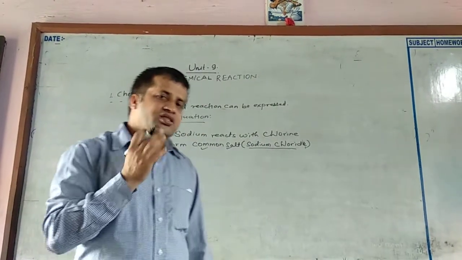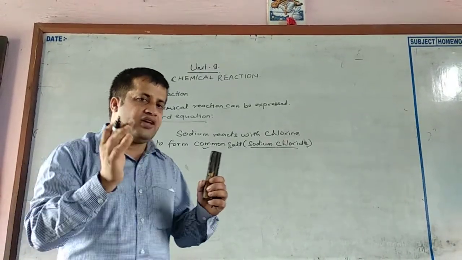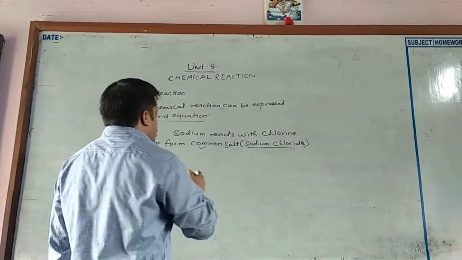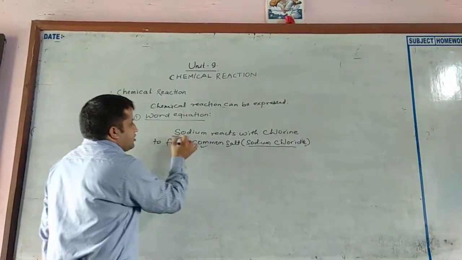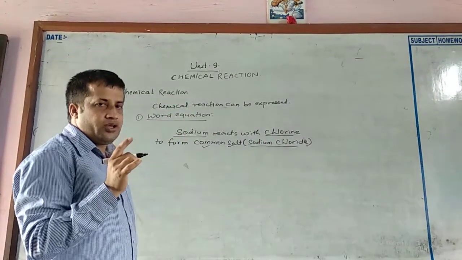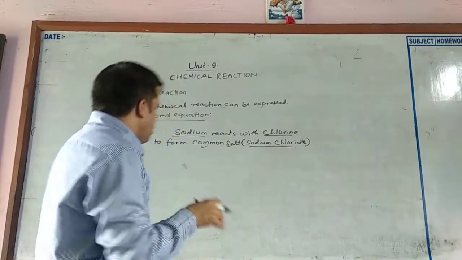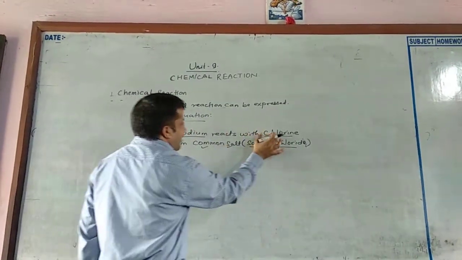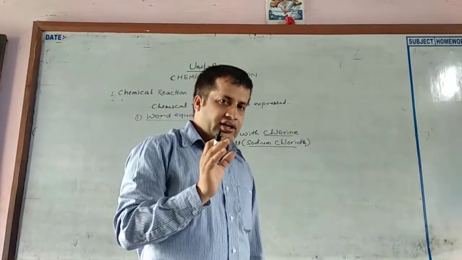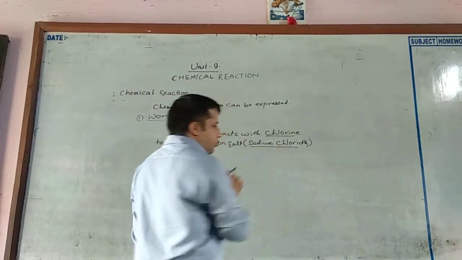Now this chemical change can be expressed in short form by giving the names. Here, as I have already told in the previous class, there are reactants and products. Sodium and chlorine act as the reactants, and the new thing formed is sodium chloride.